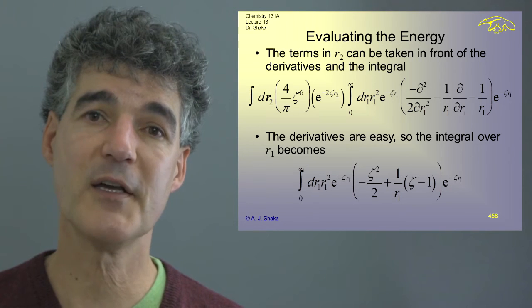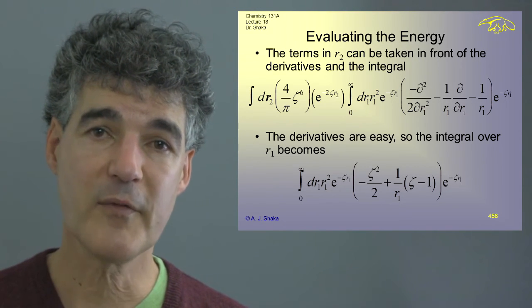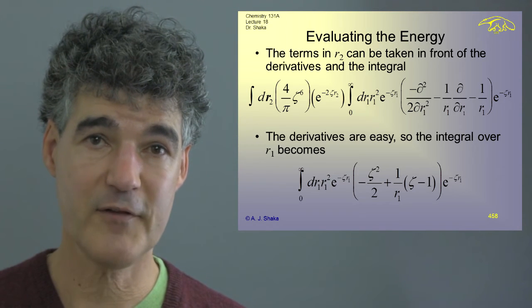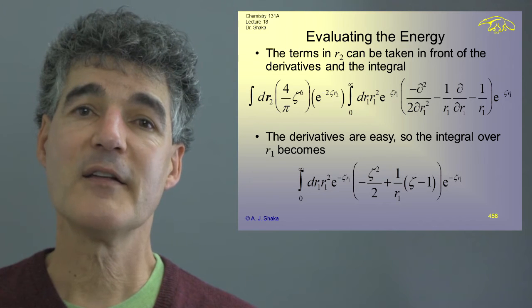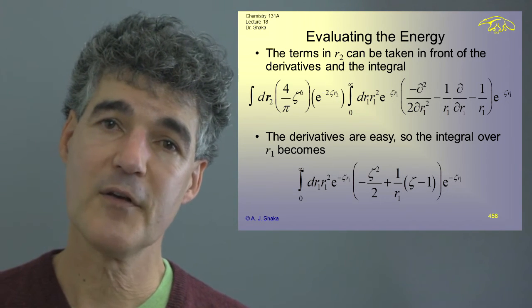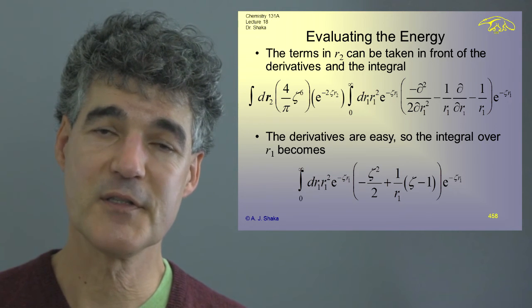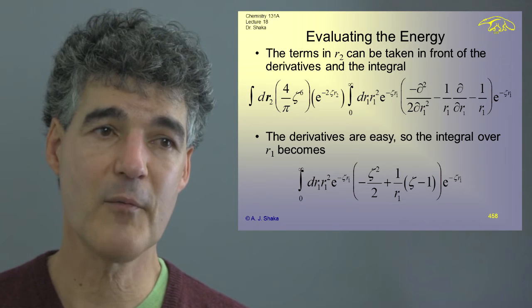So I've got to go step by step. I've got to take the derivatives, write down everything, and then I'm going to have to integrate by parts. Anything that doesn't depend on r1 can be pulled out in front. So I've pulled out the two exponentials that depend on r2, and now I've got this mess to do with r1.